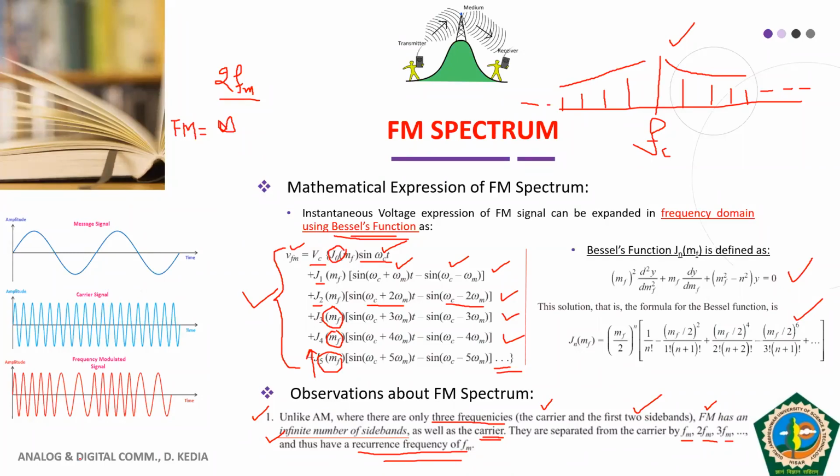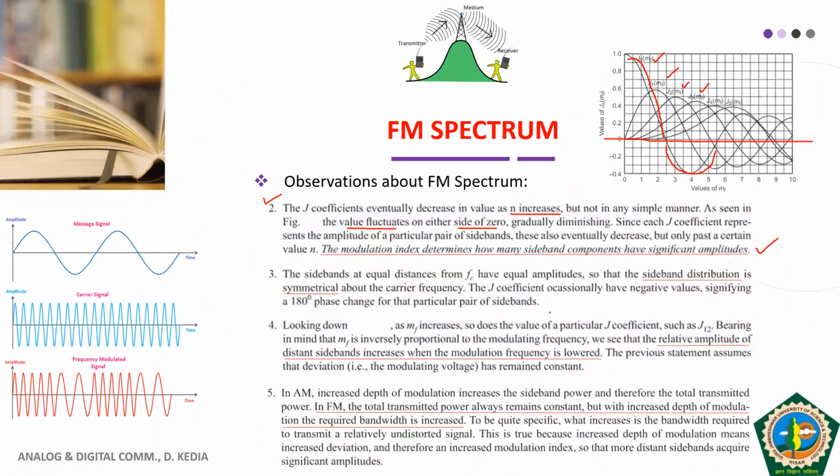That means your modulation index decides how many sideband components will be significant. Insignificant sidebands have very small amplitude and can be neglected. So this is our observation number 2.